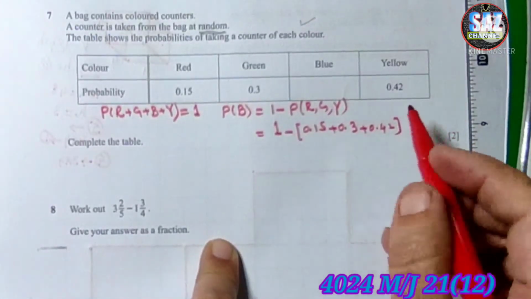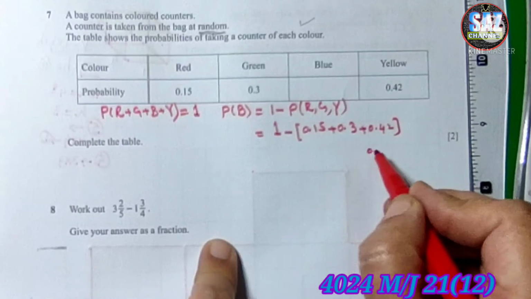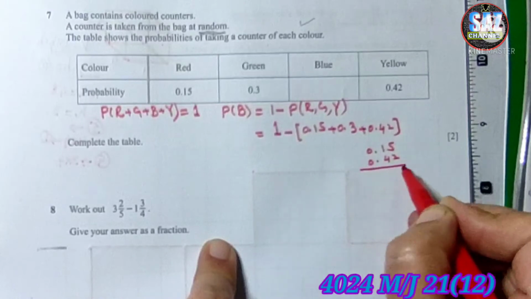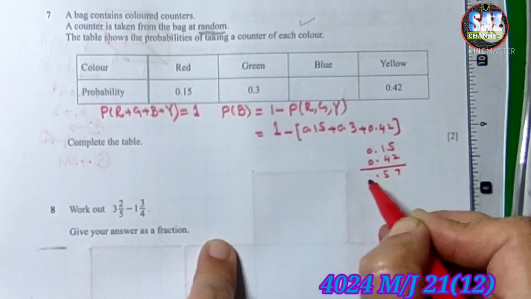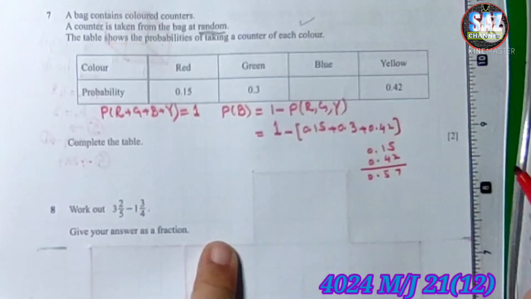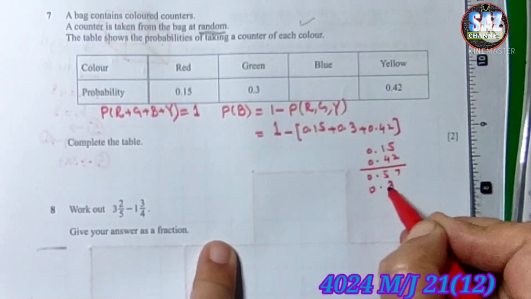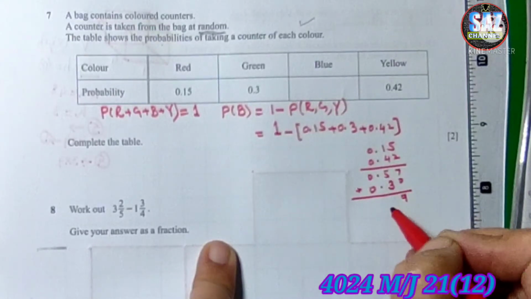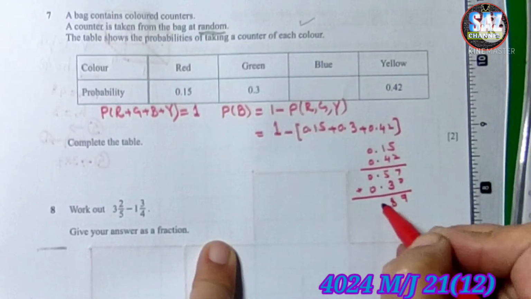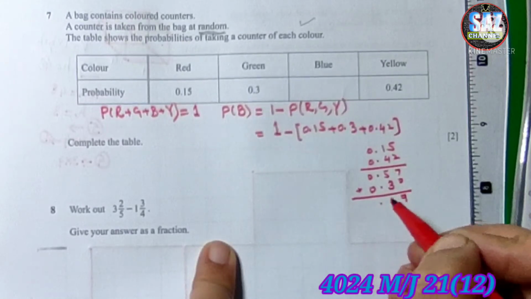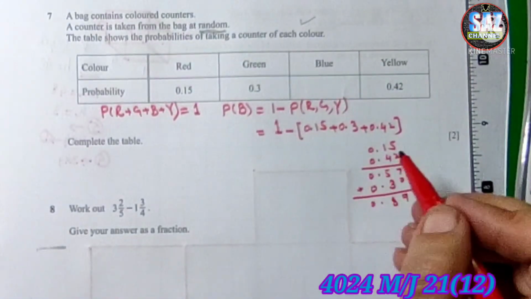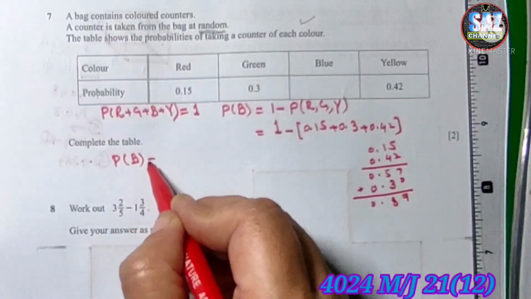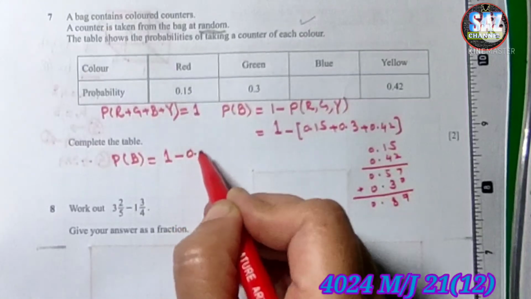Okay, now we have to add up all these values clearly. 0.15 and 0.42 gives 0.57, and add 0.3 to that, this becomes 0.87. So the probability of blue will be 1 minus 0.87.